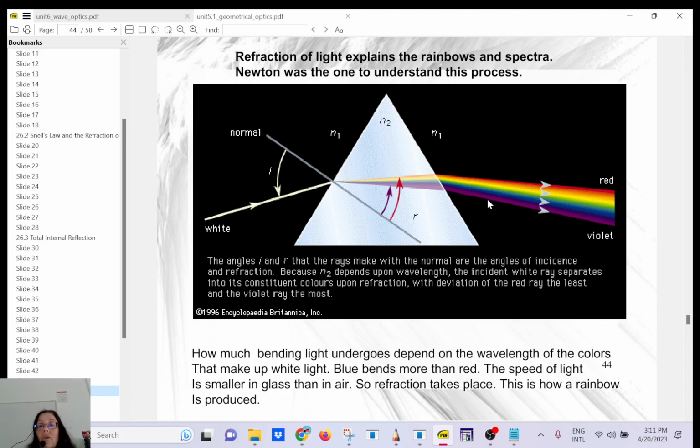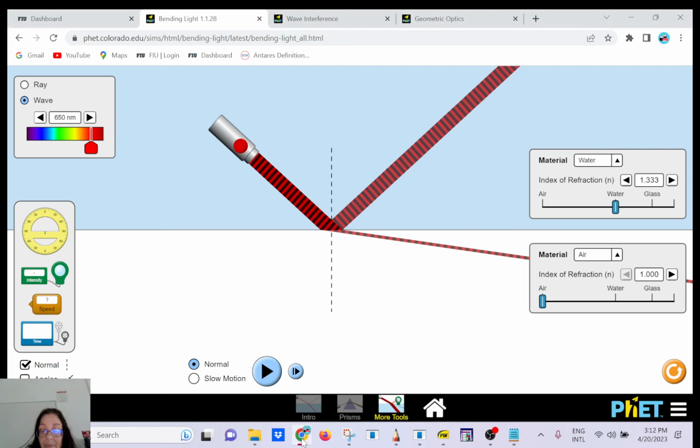Blue has a smaller wavelength than red, so the change in speed will not be the same, and it will not be refracted the same way. That's how you have the rainbow. And so, going back, it's really in a nutshell. But once you understand the concept, it's not that hard.